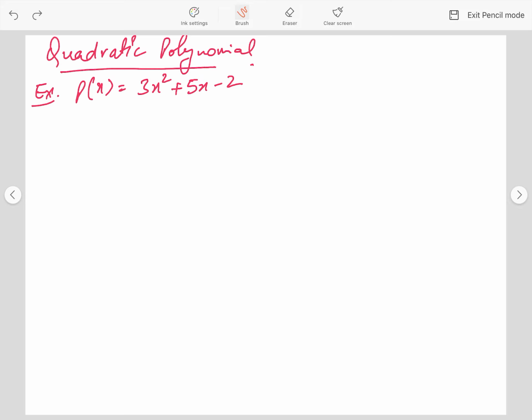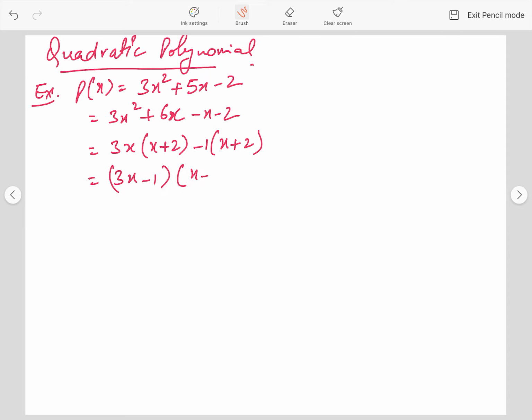We can write it as 3x square plus 6x minus x minus 2. That will be equal to 3x common, remaining part x plus 2, and minus 1 common, x plus 2. So we get (3x minus 1) and (x plus 2).